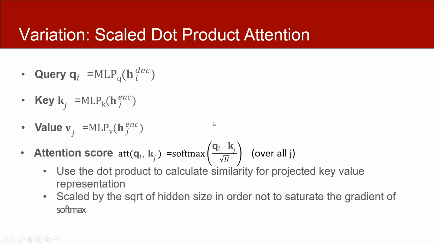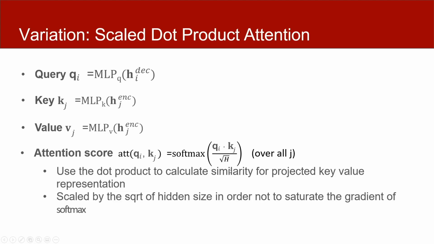And then we have the scaled dot product attention. This is what is used in the transformers. The queries and keys and values are all generated by passing the hidden states through an MLP, and the attention is computed by computing the dot product of the queries and keys and scaling by the square root of the size of the hidden state.